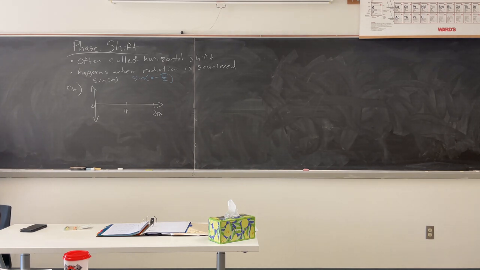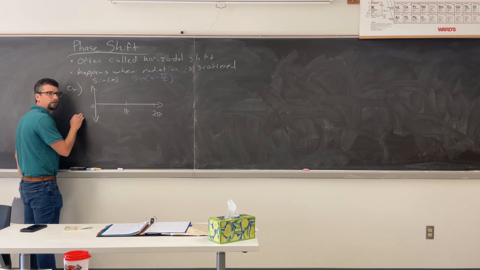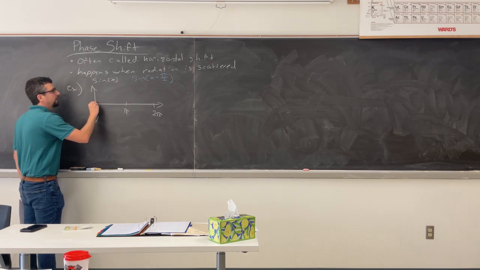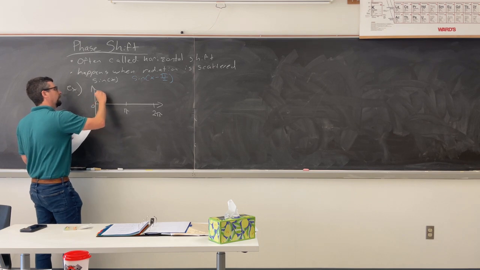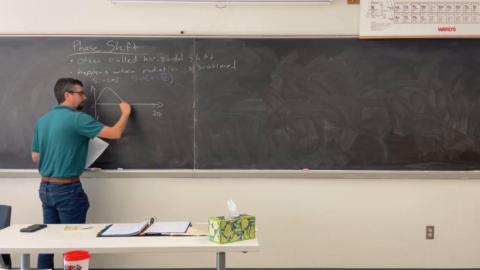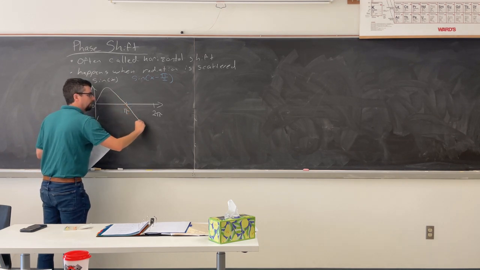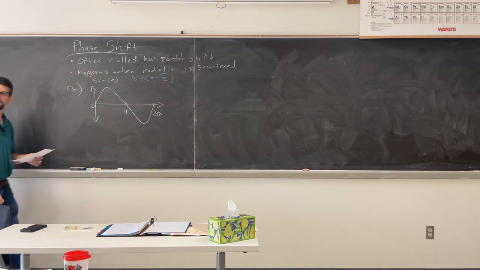What will the plot of sine x look like? Where should I start? 0, yep. It's going to reach a maximum where? Yep. What's going to happen as we go to pi? And then where's the minima? Halfway in between, and then we go up there.